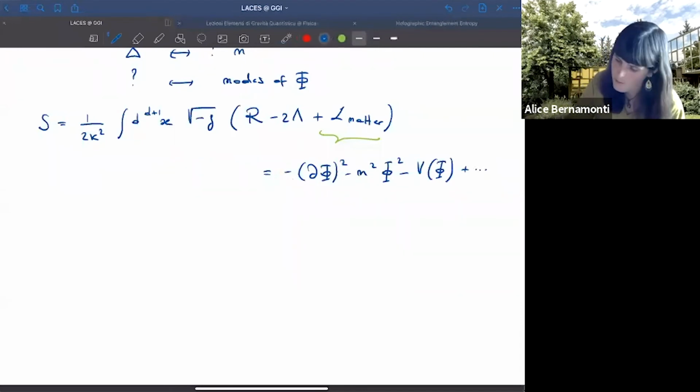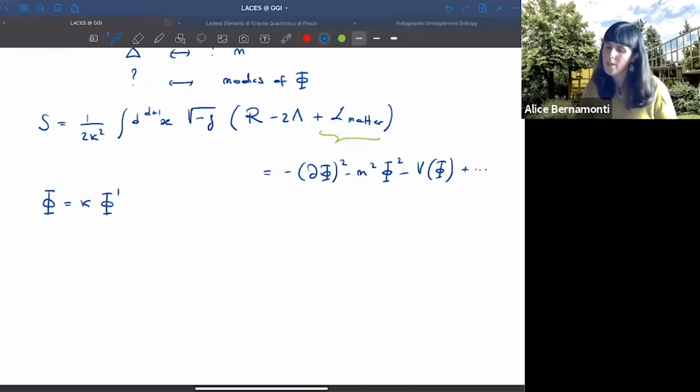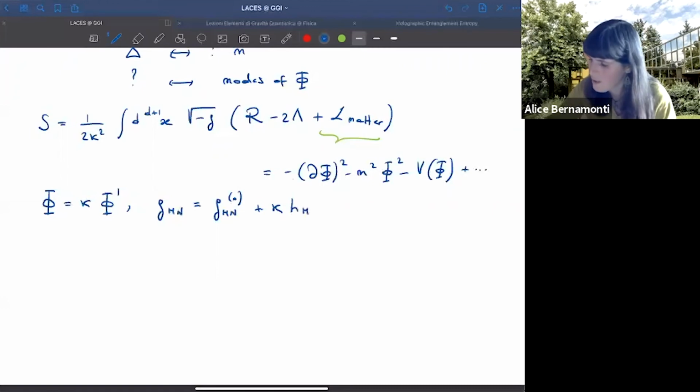So we will write that phi is kappa phi prime. In the background, clearly there is no scalar. The background is empty AdS, so all fields vanish. And so this gives us some canonically normalized fluctuations for the scalar. And we also consider some fluctuations for the metric. Here we do have a background, which is empty AdS, and then we take some canonically normalized fluctuations, h_MN.